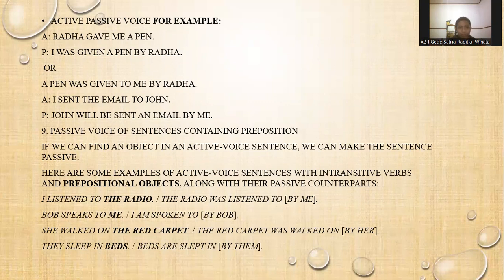The radio is the prepositional object. The radio was turned to by me. Me is the subject. Bird speaks to me. Me is the prepositional object. I am spoken to by the bird. She walked on the red carpet. The red carpet was walked on by her. They sleep in the bed. The bed is slept in by them.